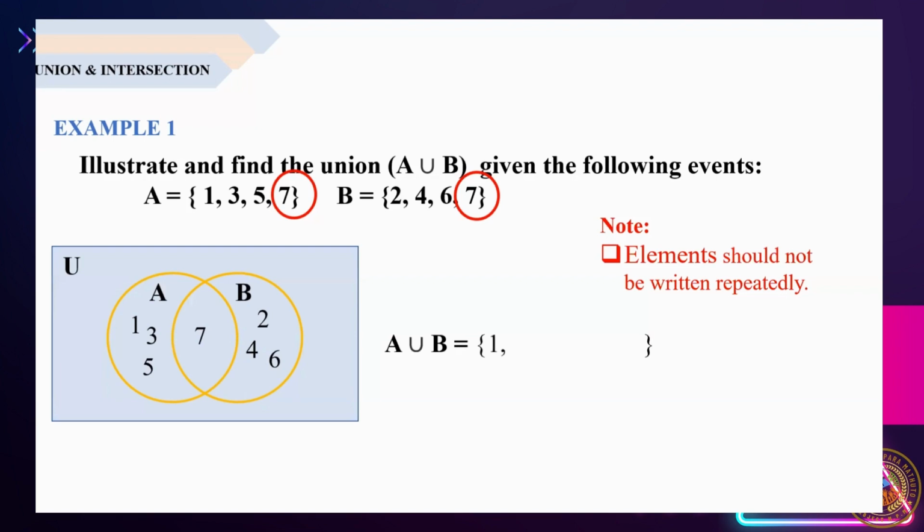So we have 1, 2, 3, 4, 5, 6, and the last is 7. Therefore, the union of A and B is 1, 2, 3, 4, 5, 6, and 7.